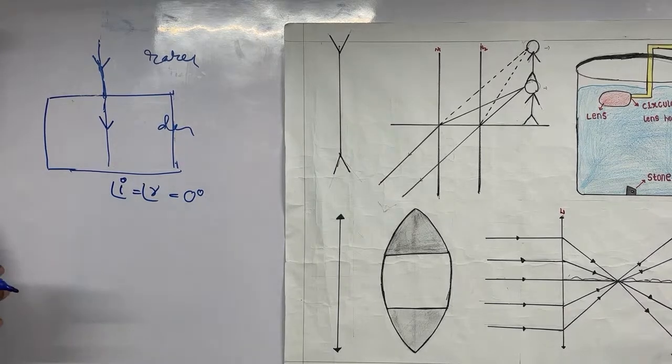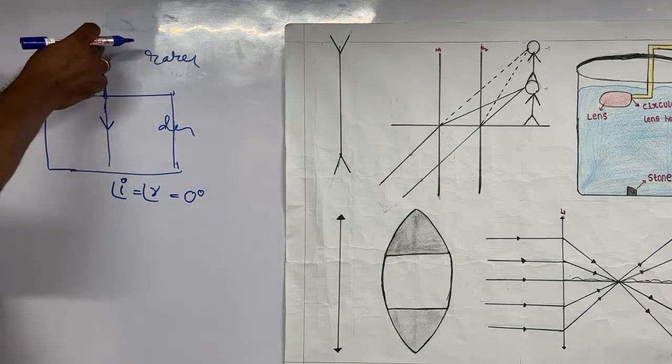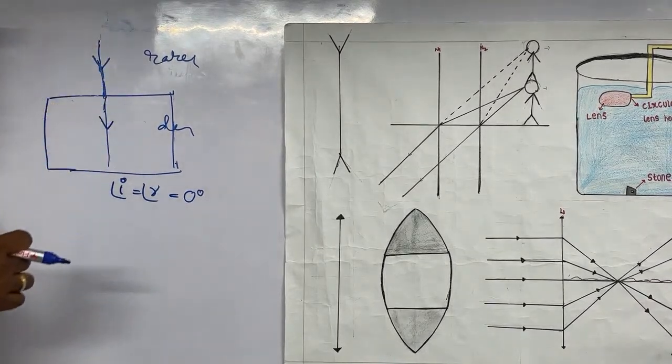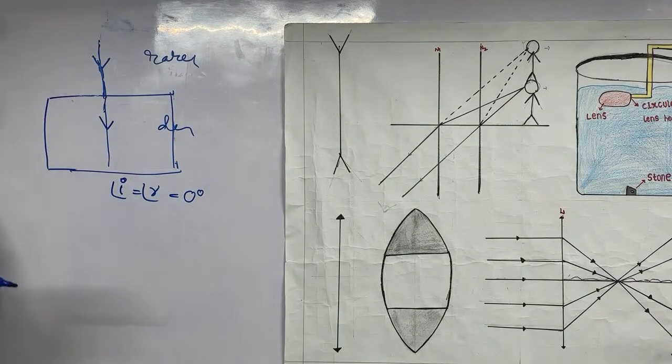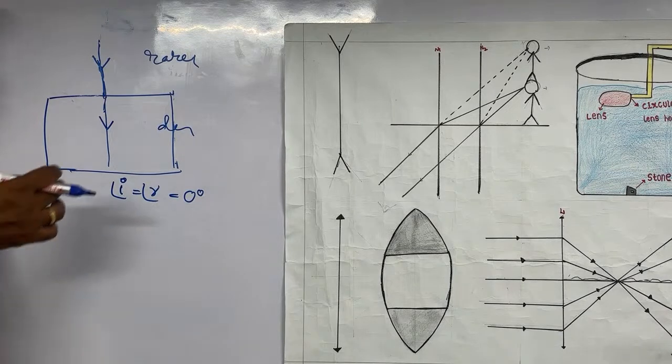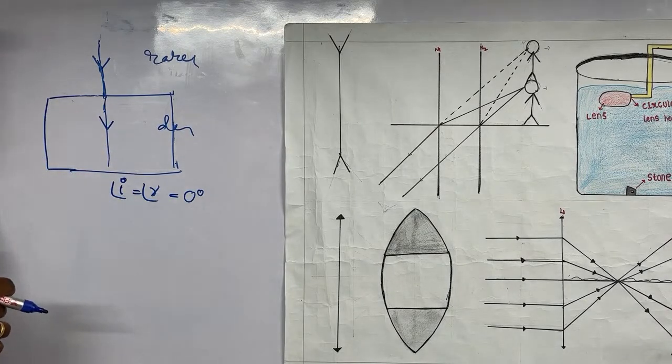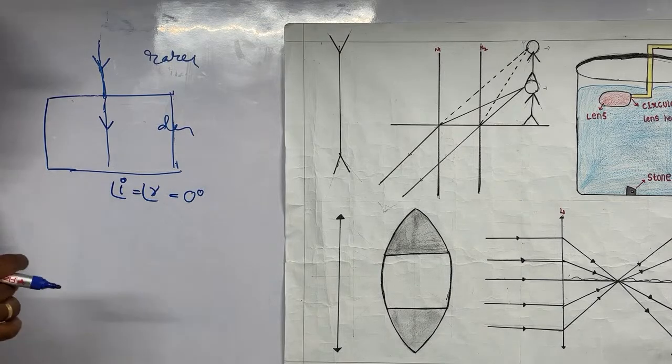Third behavior: when the incident ray passes along the normal, it won't bend. Without deviation, it will go straight. So these are the three types of behavior we find in refraction.